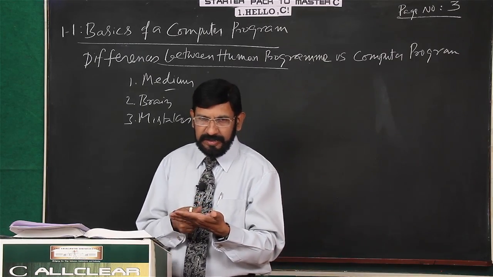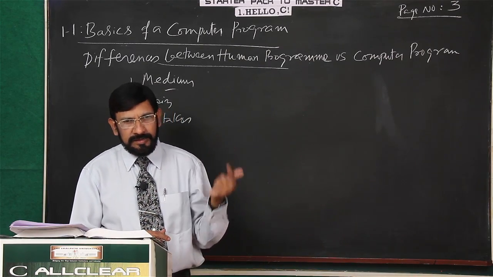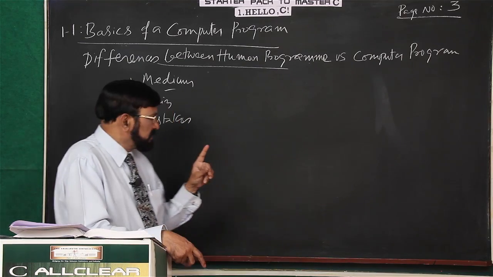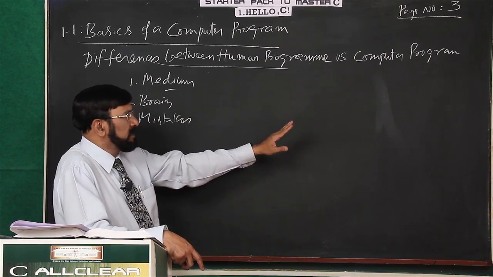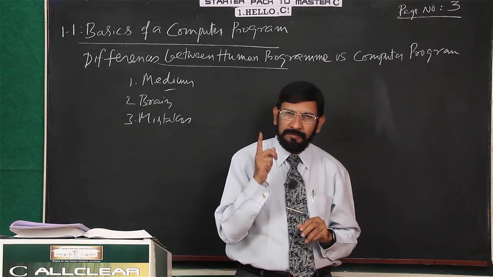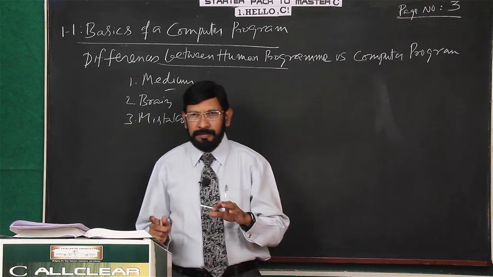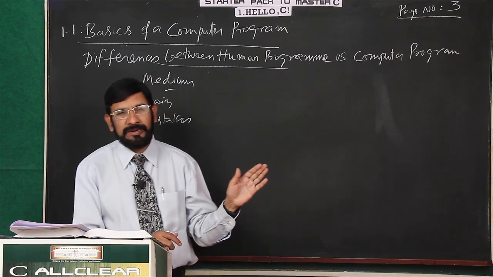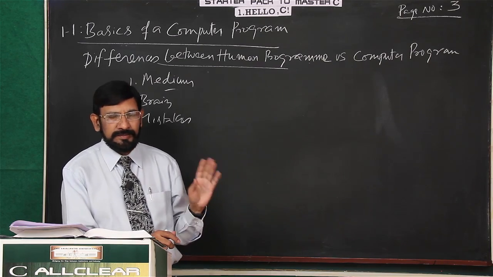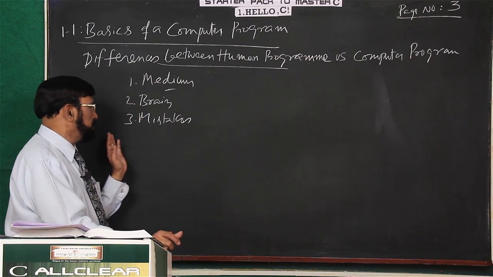But simply seeing the cheque, he can understand it is Karur Vysya Bank. So your mistakes cannot be corrected by a computer. Computer never corrects your mistake. It may fail to perform the task, or otherwise it may give a wrong result. These are the negative points about the computer.